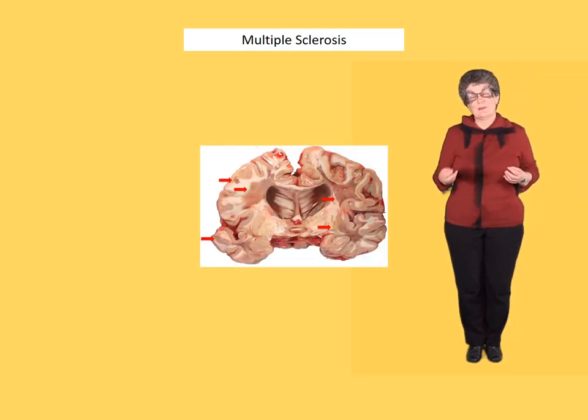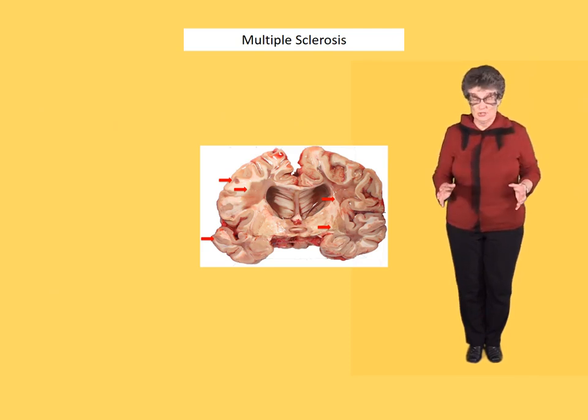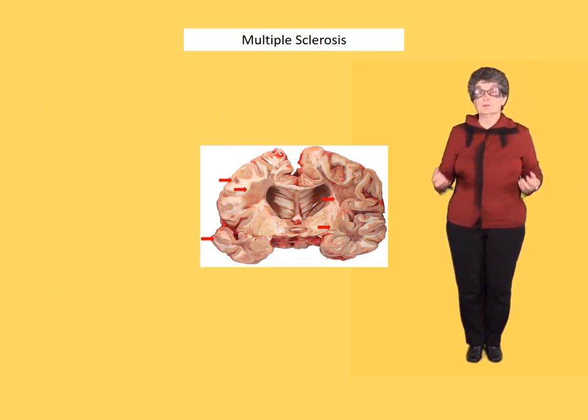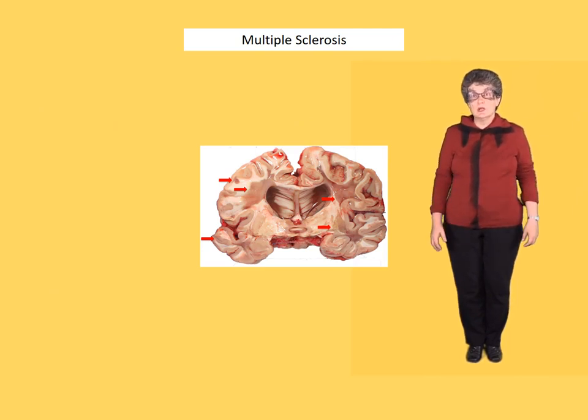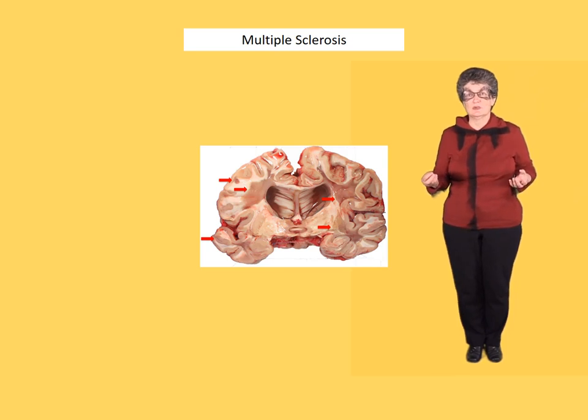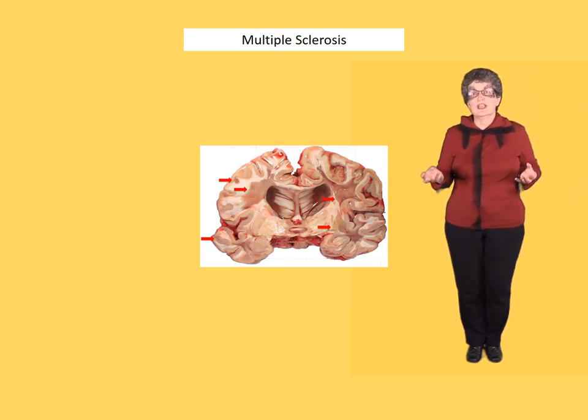We're now going to think about a degenerative brain disease that isn't due to toxic proteins, multiple sclerosis. Multiple sclerosis is an inflammatory disease of the brain. We don't quite know how it's triggered. We do know it has a specific geographic distribution, and we do know that the lesions come and go.